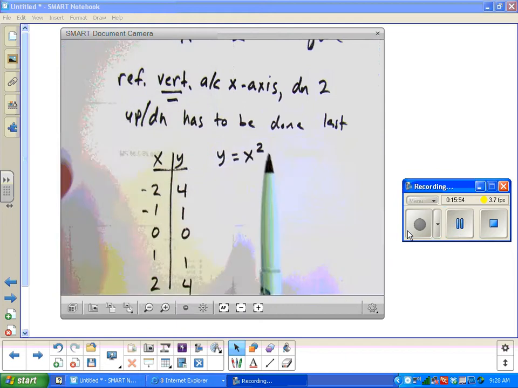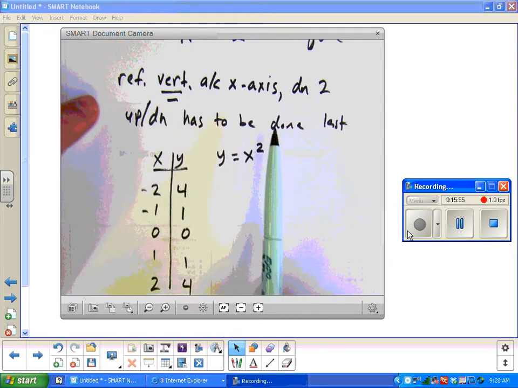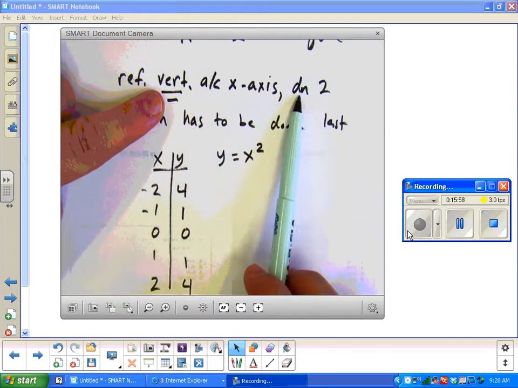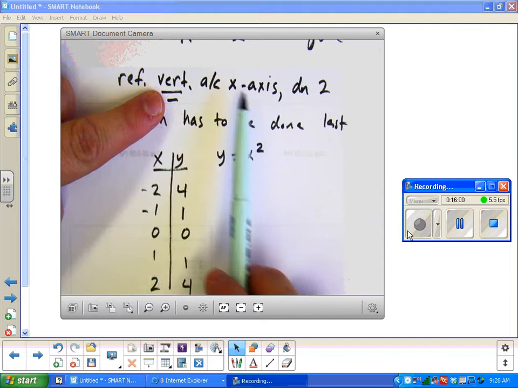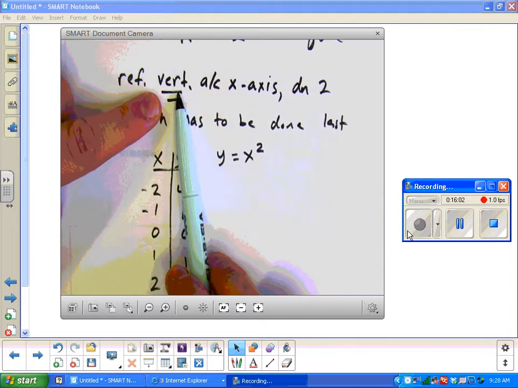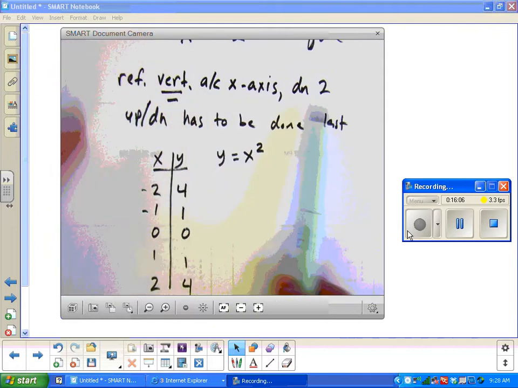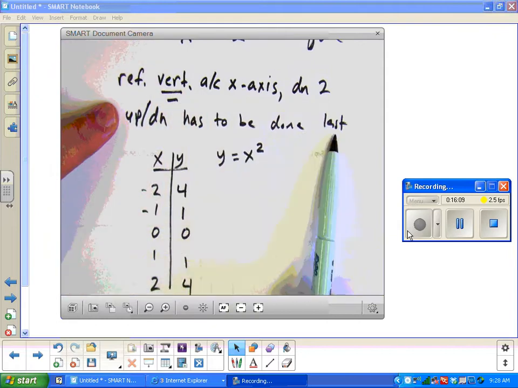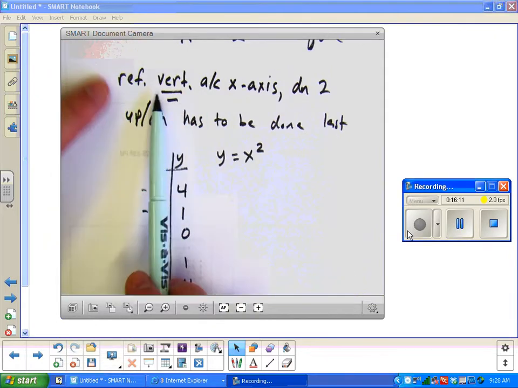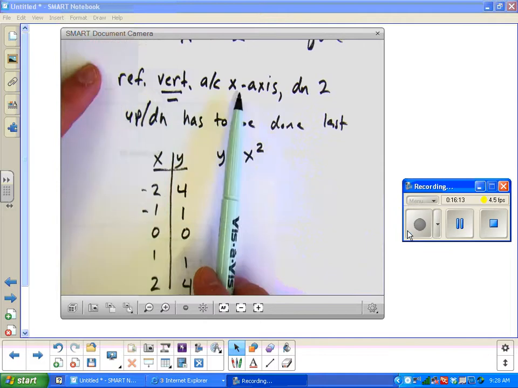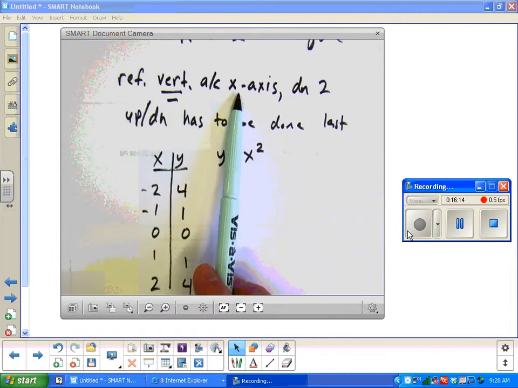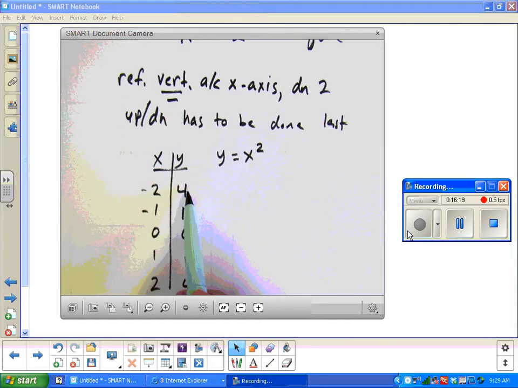Now, let's talk about, all right, which one do I need to do first? Can I do down 2 and then reflect it? No, you've got to reflect first, because up-down has to be done last. Okay? Now, how do we reflect something across the x-axis? This is what we just got finished with. You change the sign of the y's. So all these are just going to change to negatives.